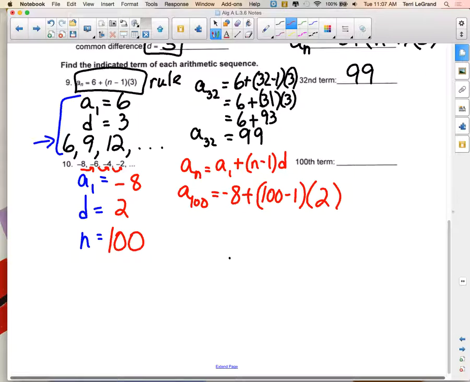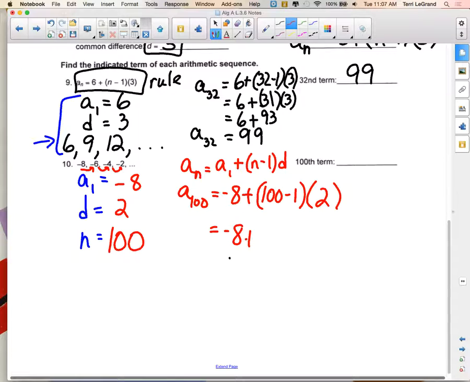Before we actually let our calculator help us out here, what do you expect the 100th term to be, positive or negative? Positive, because all of the first terms are negative, but at least it's moving in the positive direction, and it's only going up by 2 at a time. So do you expect it to be something like 3,000 something? Probably not, no.